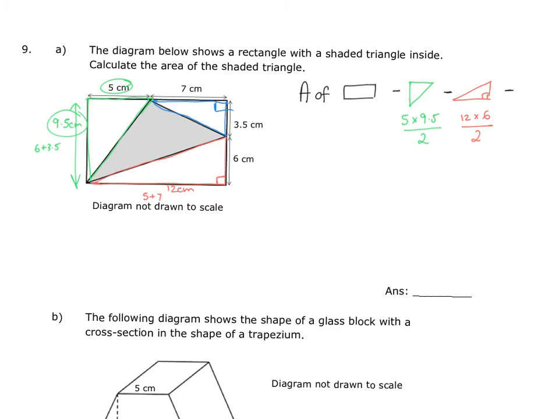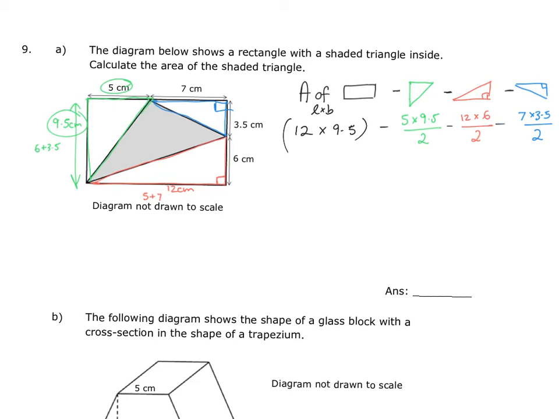And subtract this one, which is 7 by 3.5 on 2. And the area of the rectangle is made up of this side, which is 12, times this side, which is 9.5. And area of rectangle is length times breadth. So 12 times 9.5.